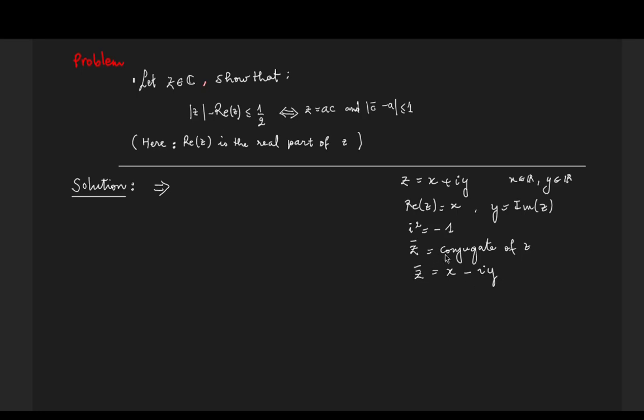So z bar is the conjugate, and we obtain it by changing the sign of the imaginary part, y. The modulus of z is the square root of z times z bar. Okay? And if we write z as x plus iy, it's the square root of x squared plus y squared.